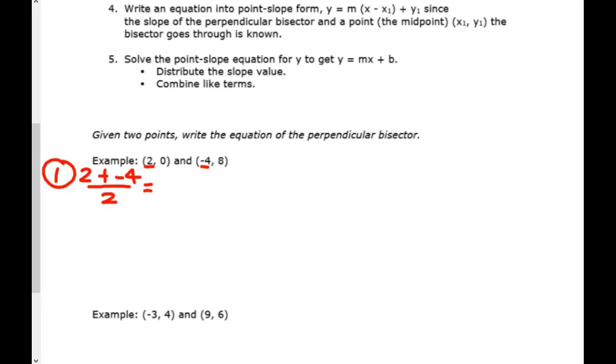Now, you can do this mentally. So, like, you can add these in your head on the top. 2 plus negative 4 is negative 2, and then divided by 2. You can do it mentally, but that's if you know for sure that you're solid on adding and subtracting positive and negative numbers.